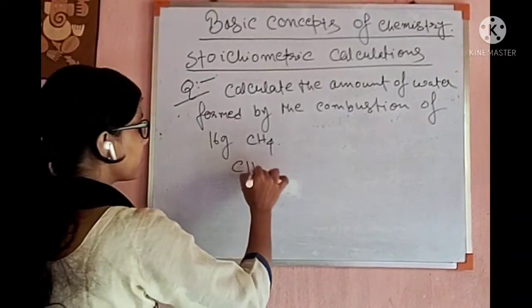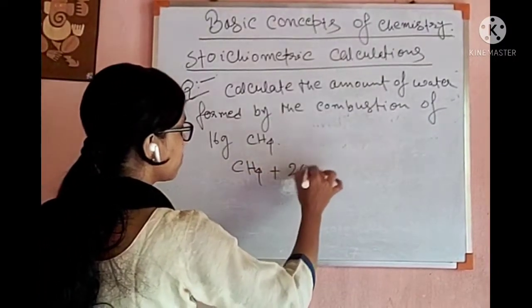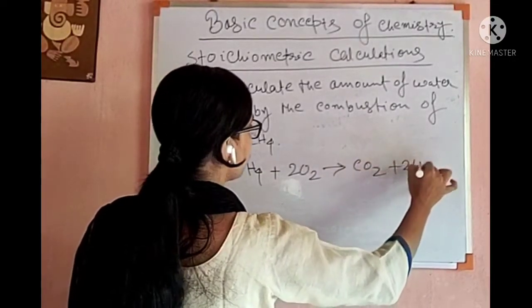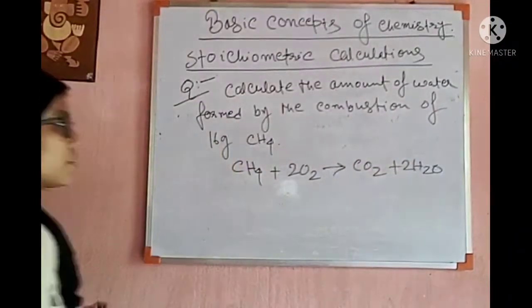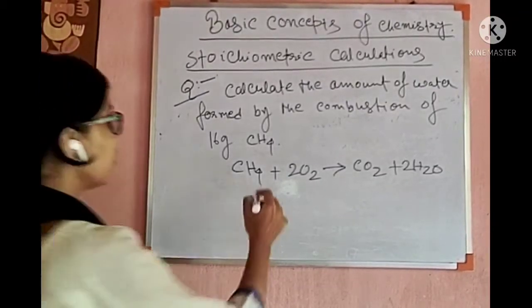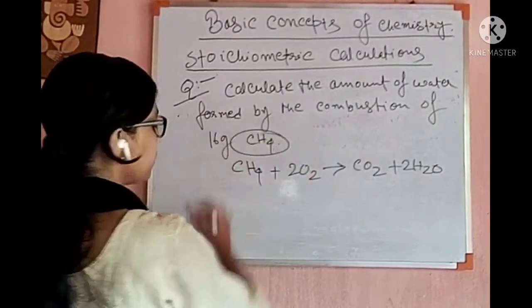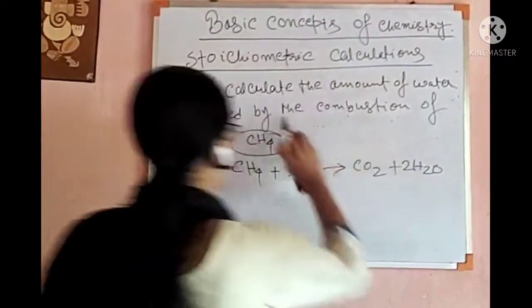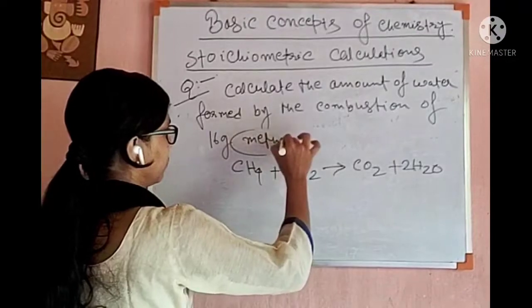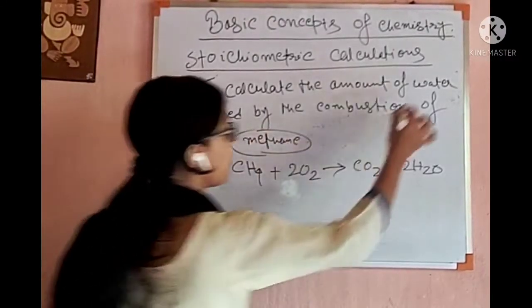The balanced chemical equation is CH4 plus 2O2 giving CO2 plus 2H2O. Now see, the question is talking about methane and water.